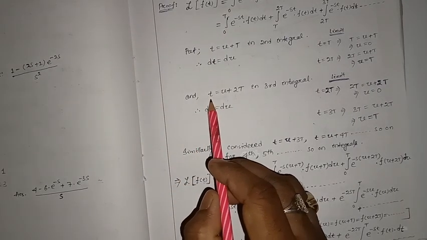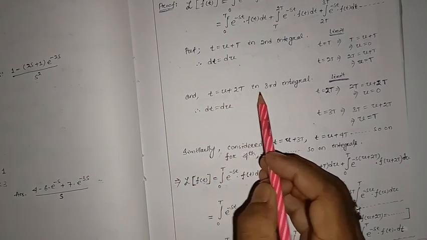Then consider small t equal to u plus 2T in the third integral.